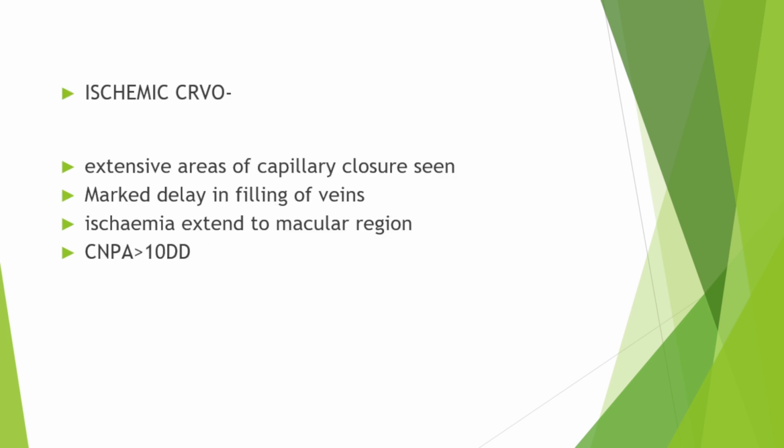Ischemic CRVO has all the features of non-ischemic CRVO, but the capillary non-perfusion area will be more than 10 disc diameters. The ischemia may extend to the macular region also, and there is marked delay in the filling of the veins.